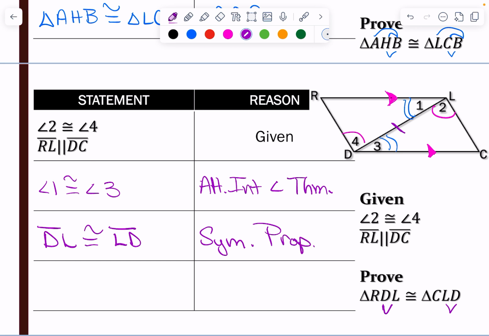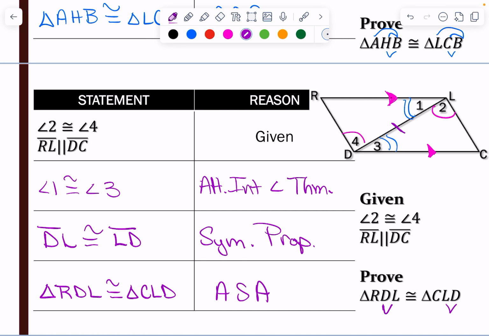So now I have two angles and the side between those. So therefore, I know that triangle RDL is congruent to triangle CLD by angle, side, angle.